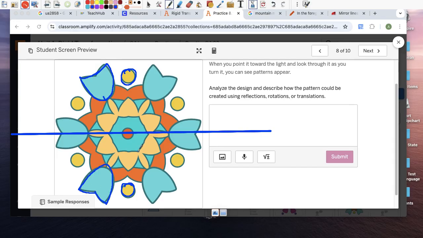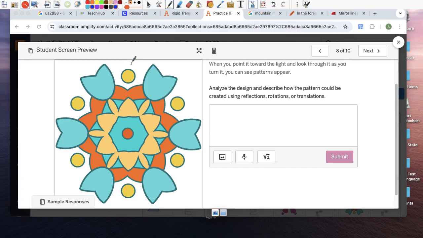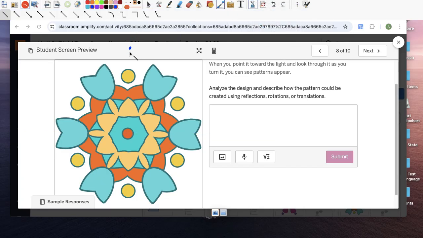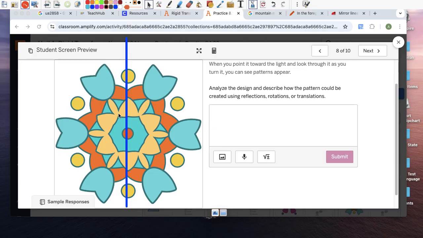And all the other parts. So we can say that there is a horizontal reflection here. And can we say that there's a vertical line of reflection as well? This guy over here, can we say it's a line reflection? Looks like it, right? So you can write all that.